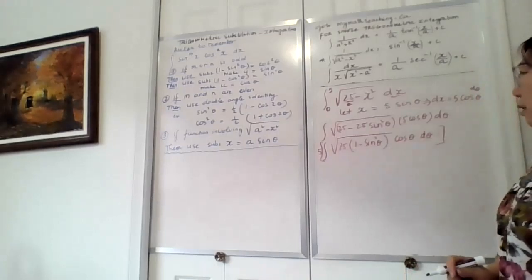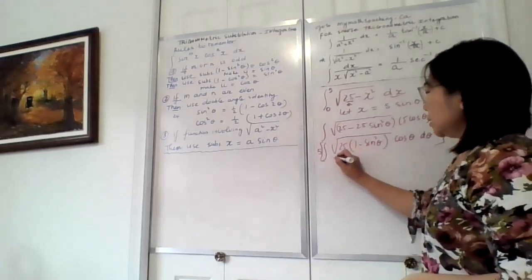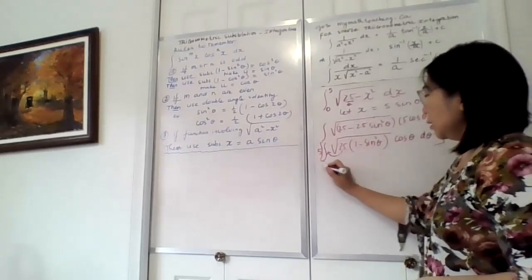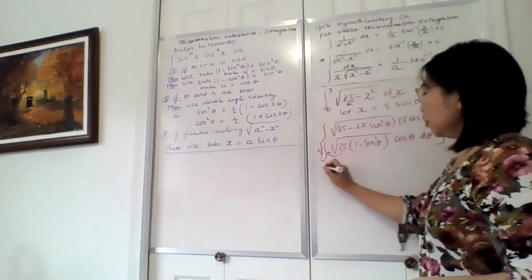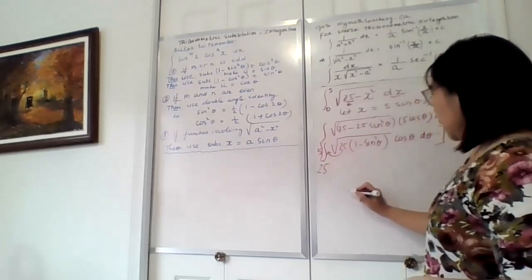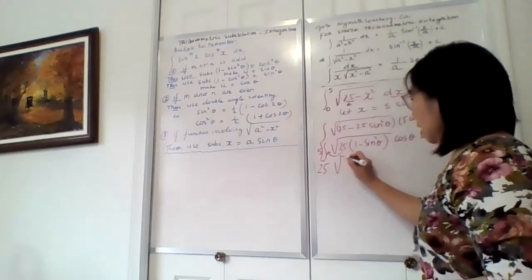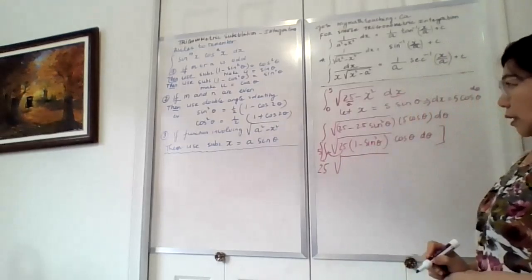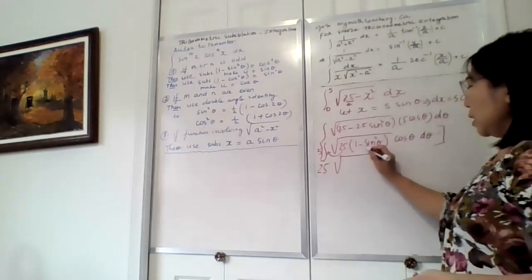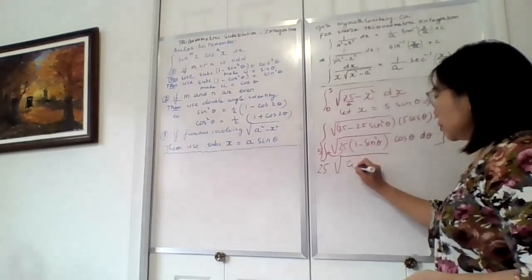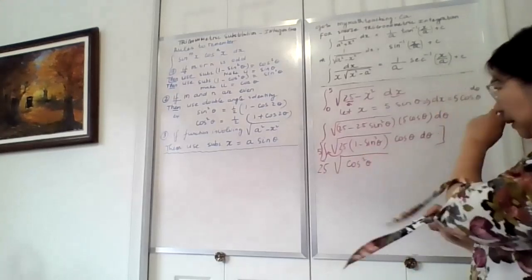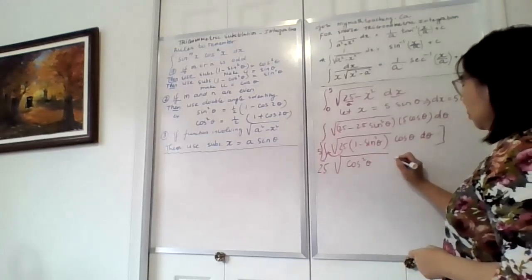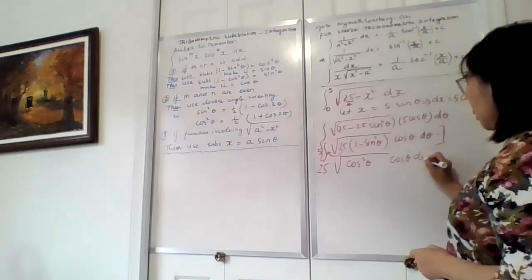So that's the case, right? Now, again, I'm going to take this out as well because that will allow us to take the square root of 25, and 5 times 5 is just 25. So all of this 25 will be outside here, and inside we are left with 1 minus sine squared theta. But I'm going to substitute 1 minus sine squared theta as cos squared theta, because that's a trig identity, right?